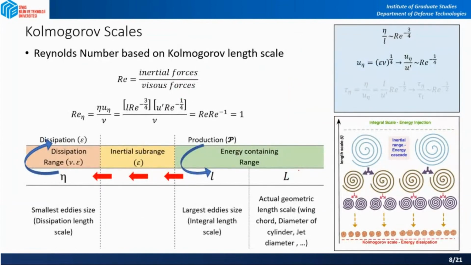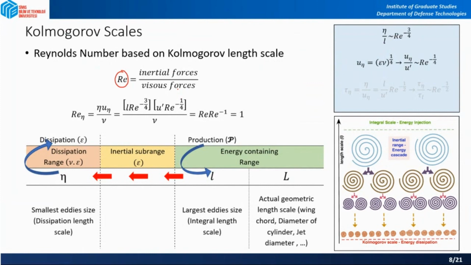Normally, we know that viscous effects are very dominant at very low Reynolds numbers. So based on this definition, if the Reynolds number is low, it means that the viscous forces are very large. And then inertial effects are very dominant at high Reynolds numbers, and vice versa.